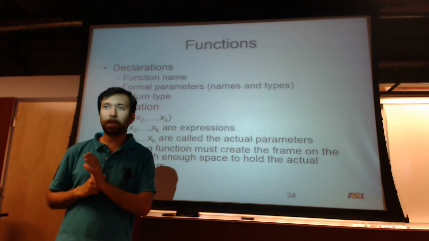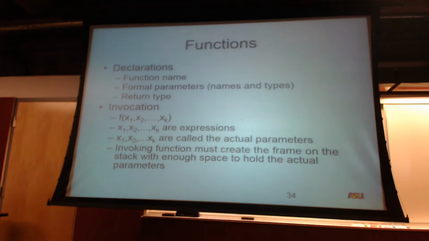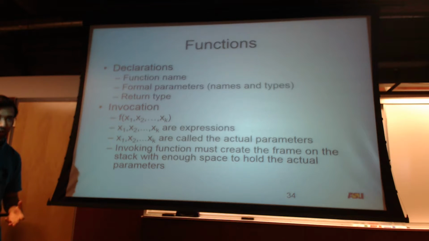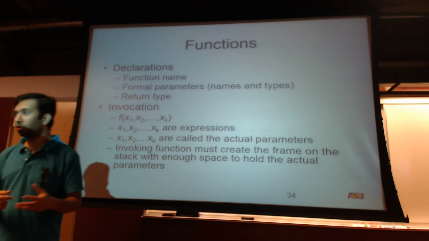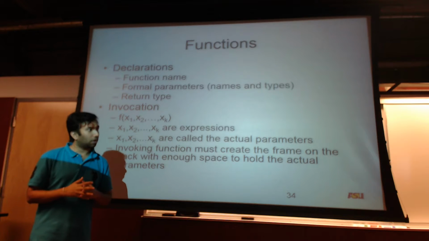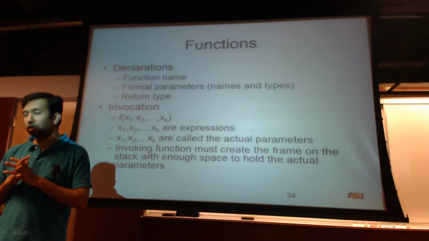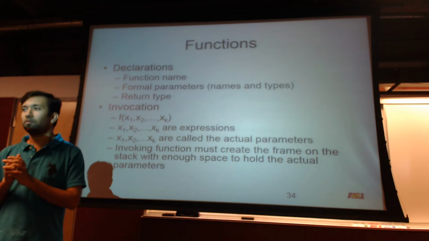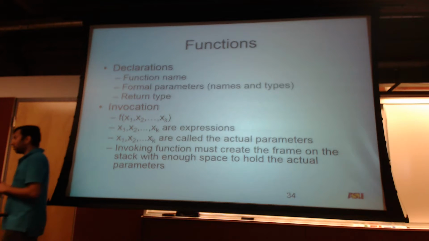That portion of the stack is used to manipulate the actual parameters, local variables, and also other things such as pointers or instruction lines and all those things. So a function has to have its own portion in the stack. That portion is called a frame, function frame, right? So each function has a function frame.